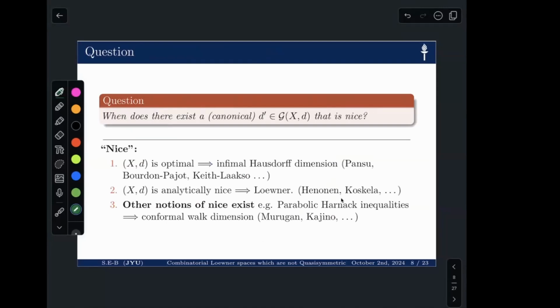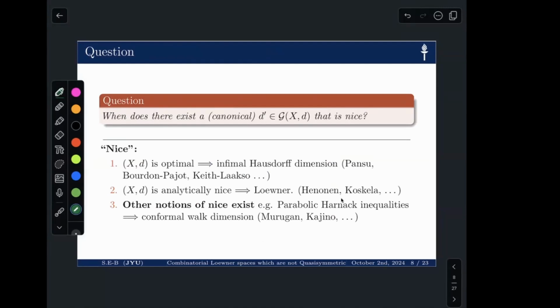But in some of these cases, we can answer this problem and identify it. The question is, when does a canonical nice metric exist? What does this mean in a specific sense? There are different senses of nice, for sure, but it turns out that in many cases these are equivalent.